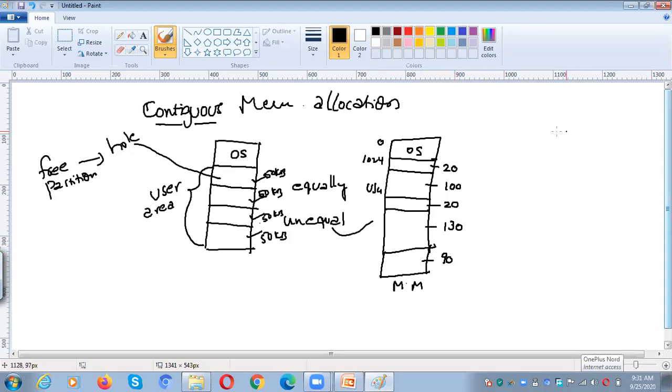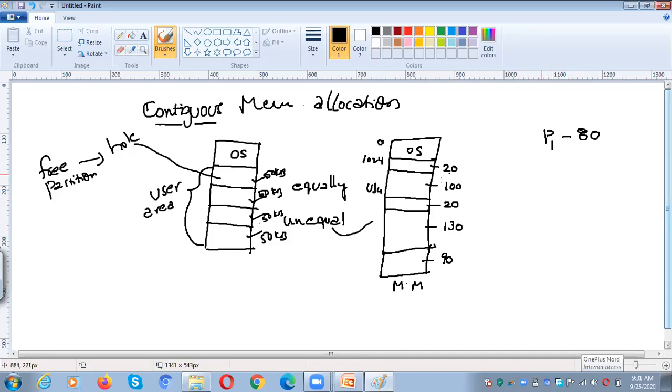Whenever we want to execute the process P1, we want to keep P1 into the main memory. For example, P1 is of size 80 KB.